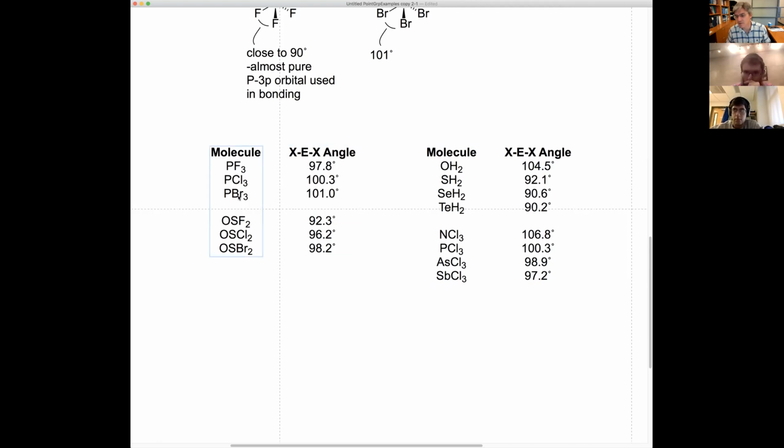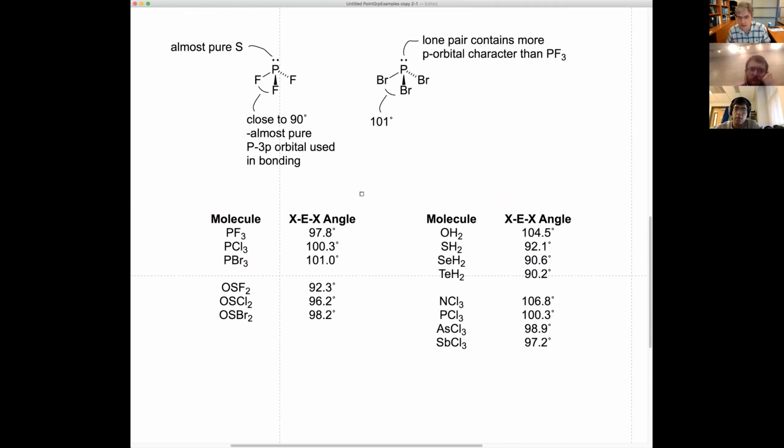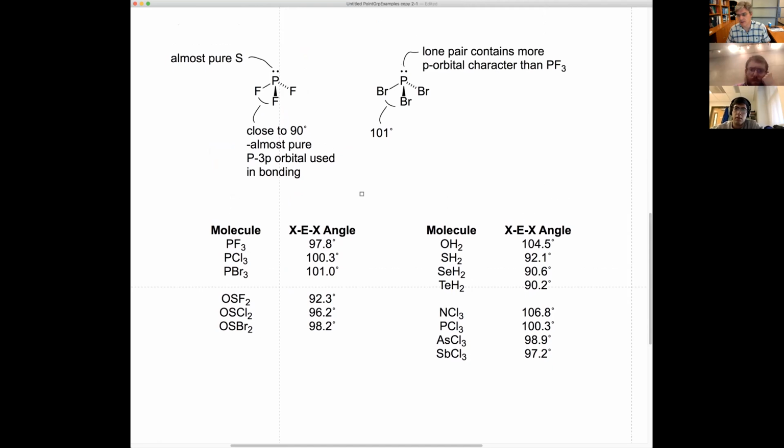More electronegative substituents prefer p orbitals because p orbitals are more easily ionized. So phosphorus uses a p orbital to make a bond to fluorine. Down here, it uses more of an s orbital. And that changes the bond angle from something closer to 90 to something that is further from 90. Okay, that's Bent's rule. And it's all over chemistry.